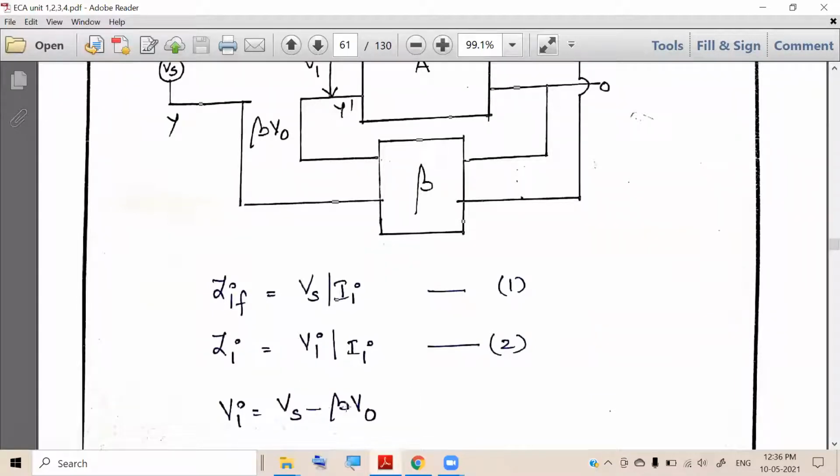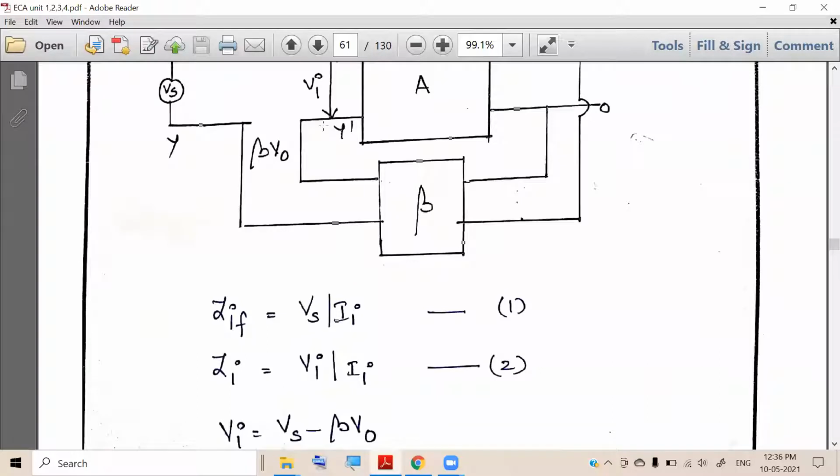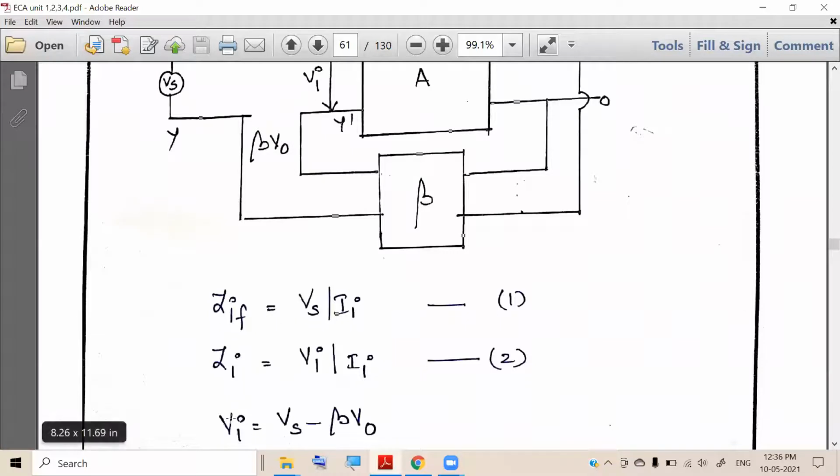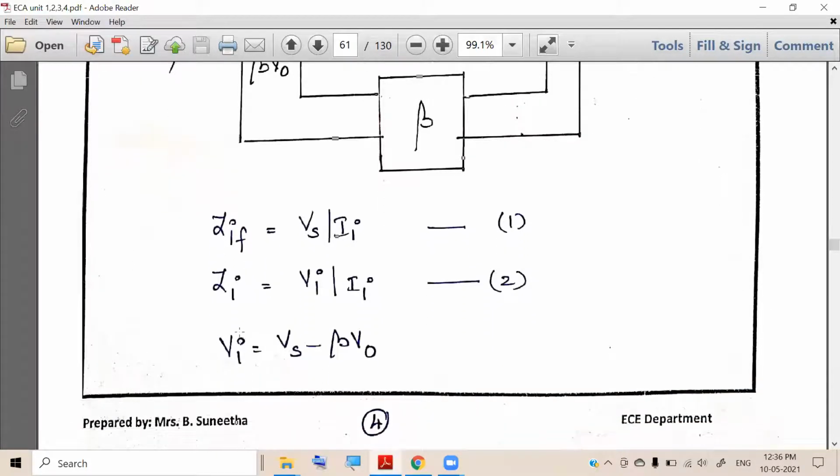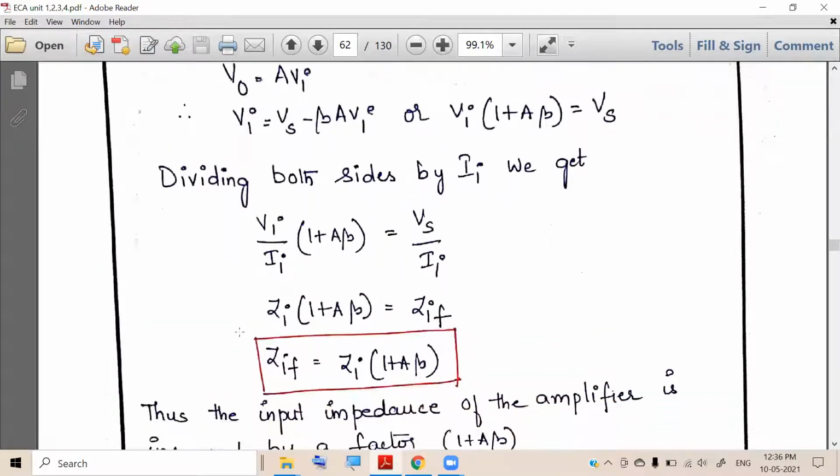Beta V naught is nothing but Vf, the feedback signal. So for finding output impedance, one relation we got is Vi is equal to minus beta V naught, or Vi is equal to minus Vf.